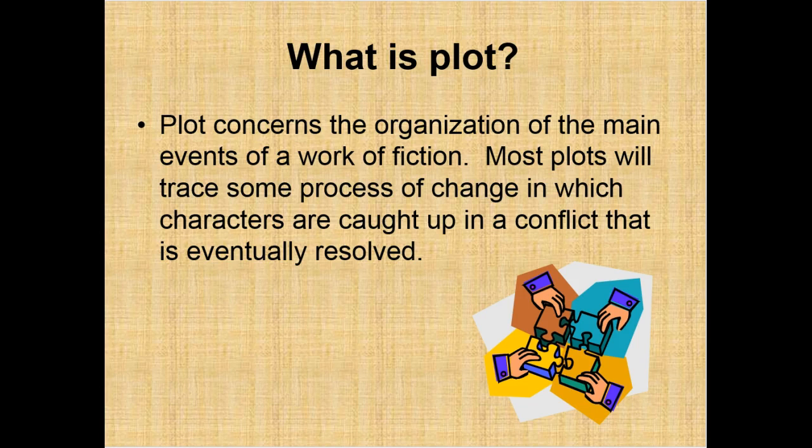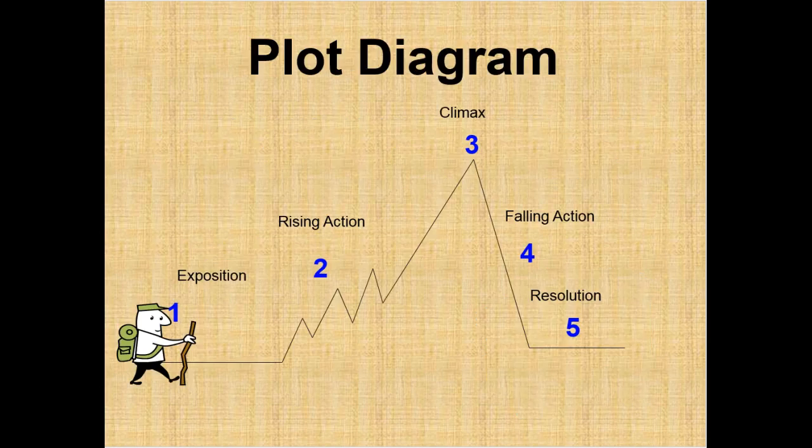Now, the most famous plot diagram that we have is called Freytag's pyramid. All right. Now, this starts with exposition, and I'll go through each of these. Then we have what they call rising action, and that rising action leads to climax, and then that climax leads to falling action, or denouement. And then finally we have resolution.